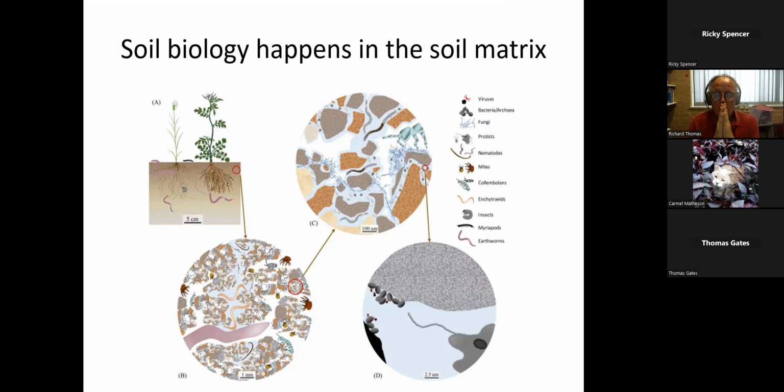Now, the soil biology happens within the soil matrix, within the organic compound, and I will admit that my area is in the inorganic compounds, but the research effort in soil is now highly focused on the organic components, which go from earthworms right down to viruses within the soil, and particularly the fungi.